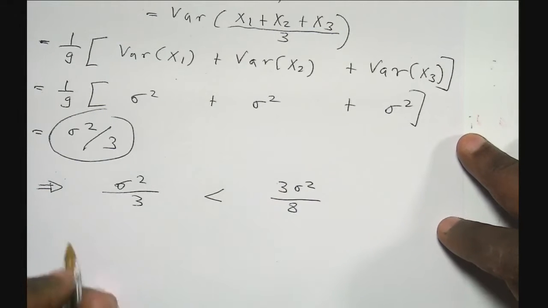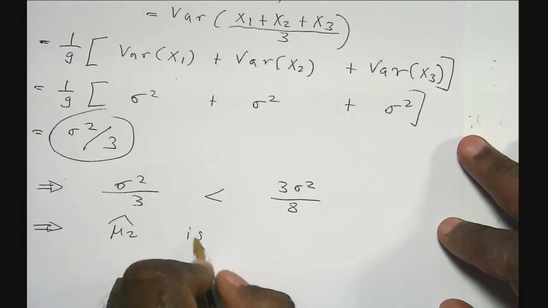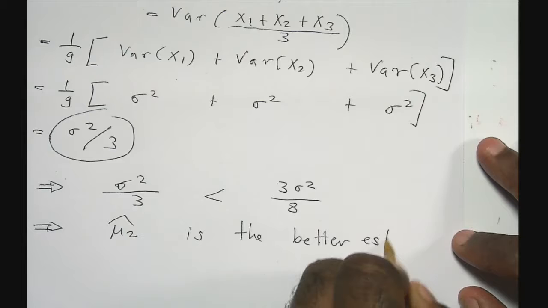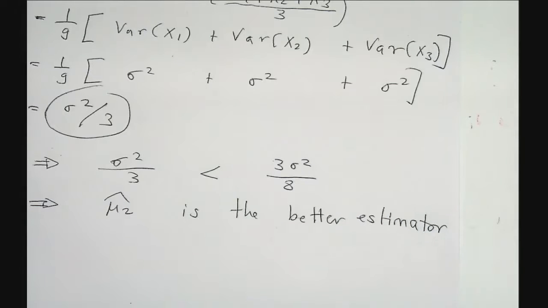All right, so that completes it. Is that clear, guys, or not? So mu2 hat is the better estimator. All right, so can you do question 2 now, please?